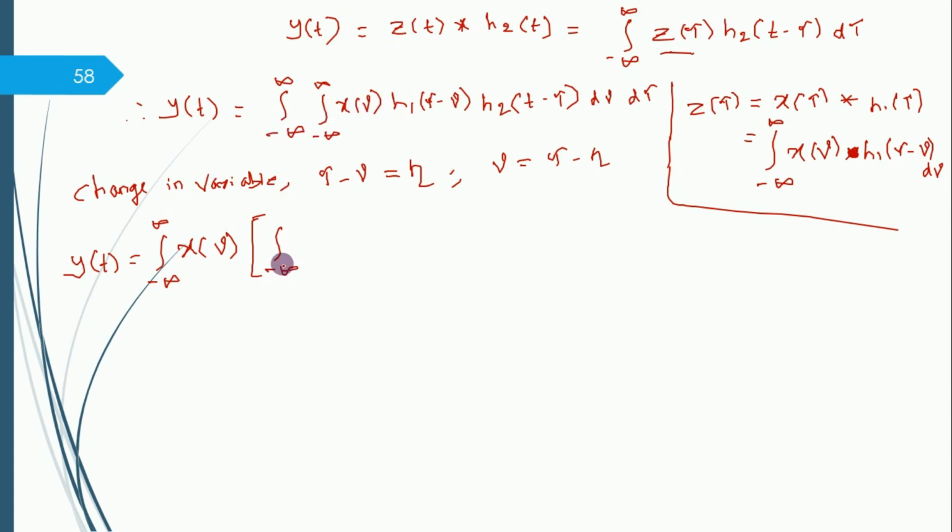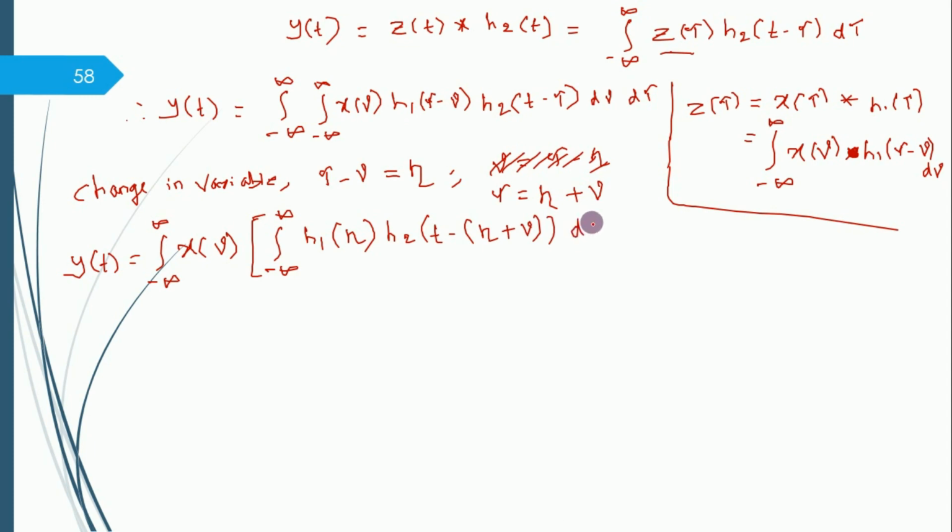Minus infinity to plus infinity h1 of tau minus v, which I write as eta, h2 of t minus tau. Just carefully listen: in place of tau, let me write it the other way. In place of tau, v comes to the right hand side, so eta plus v it becomes. So in place of tau, I write eta plus v.